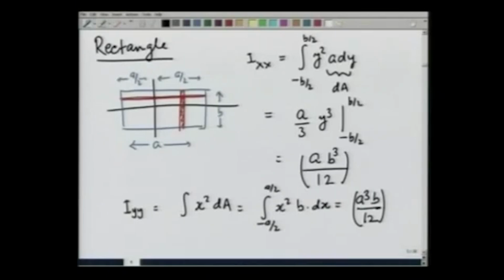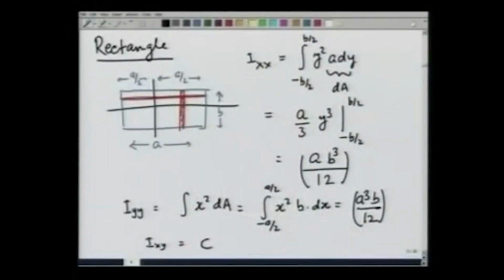How about Ixy? Again, you will see by symmetry, because the area is equally distributed on the negative side and the positive side of the y and x axis, it comes out to be 0.